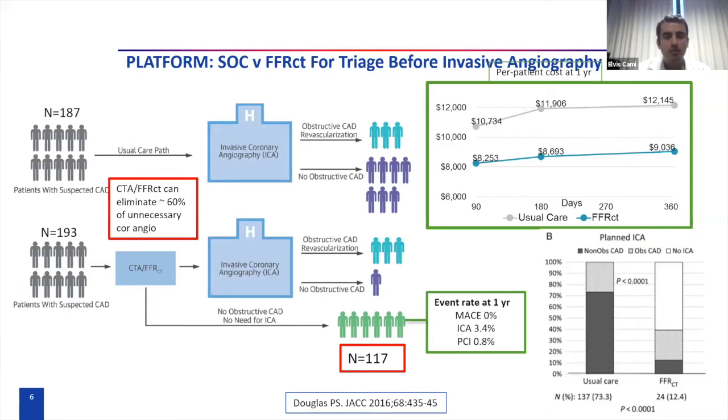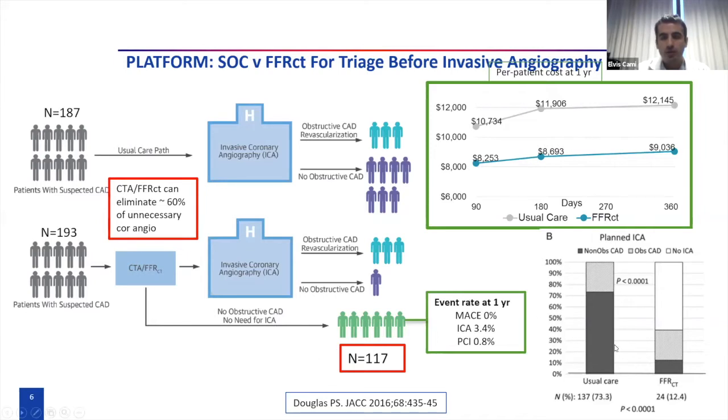They randomized the group into two groups. The top 190, they said we'll just send straight to the cath lab. But these 193, before they go to the cath lab, we're going to do a CT, we're going to do FFRCT, and then only if that shows something, you'll go to the cath lab.